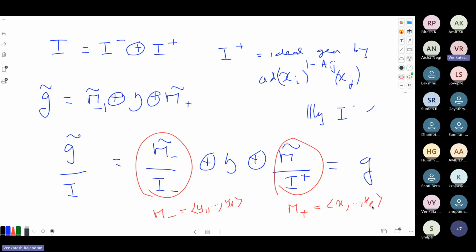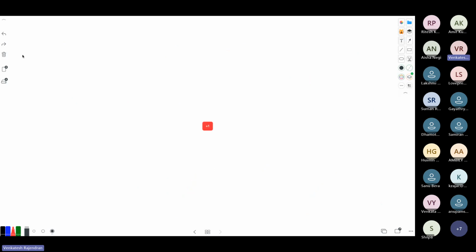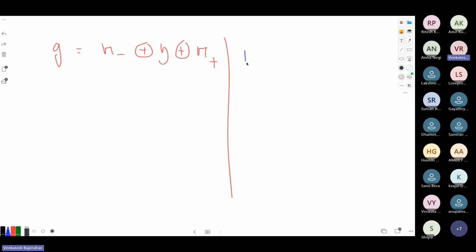Okay, so then you will have a triangular decomposition of G. So G will be n minus direct sum h direct sum n plus. But then if you think about it, h acts on each generator of G tilde with the weights.